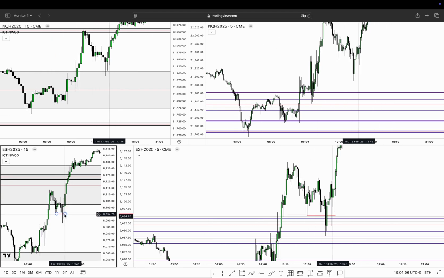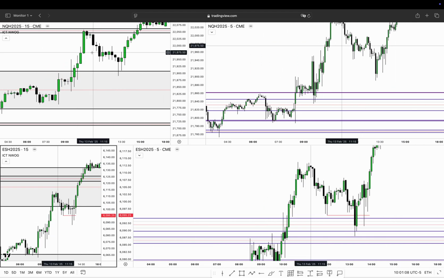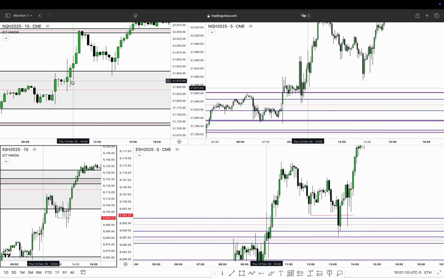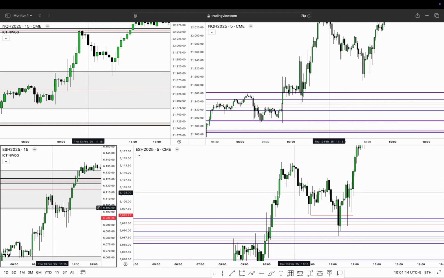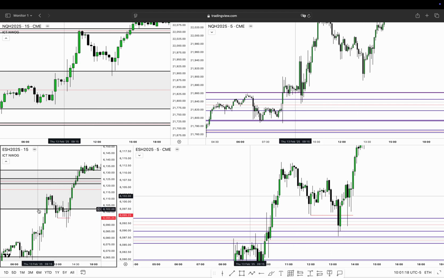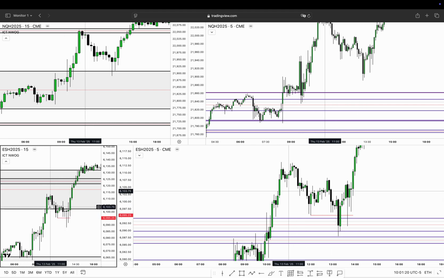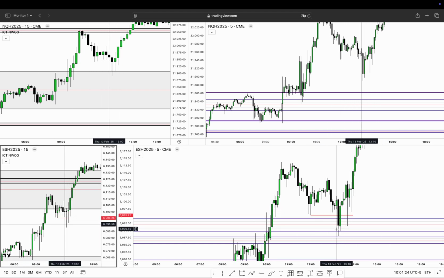For example, here, do you see how Nasdaq is trading above this new week opening gap, while ES is just barely here at the close of this new week opening gap, but at the same time we are taking these lows and we are trading in this new day opening gap.